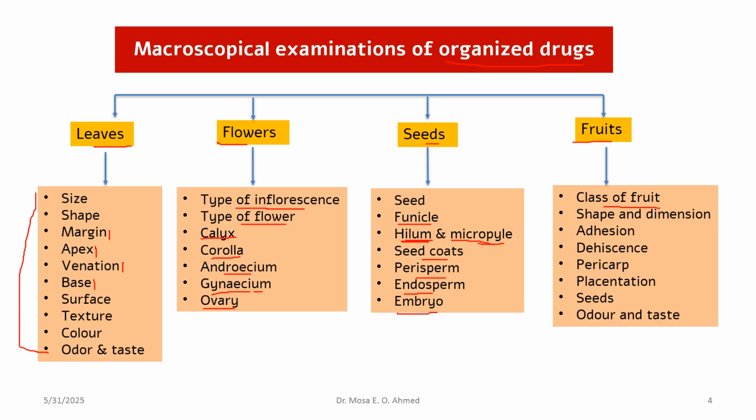We have different types of fruit, true fruit and false fruit, shape and dimension, adhesion. This is for dry fruit, as in umbelliferous fruits like coriander, fennel and anise, which are schizocarpic and can be separated into two parts called mericarps. The pericarp, the covering surrounding the fruit, is also important in identification.